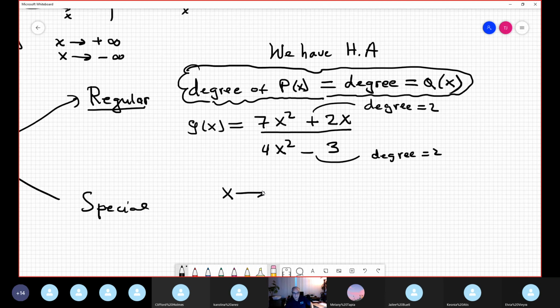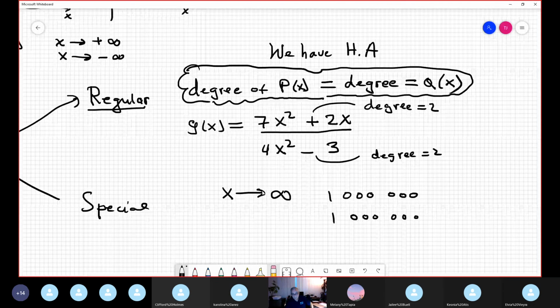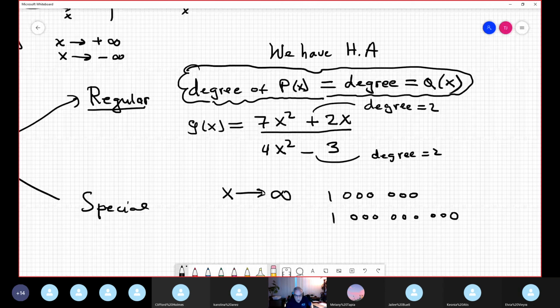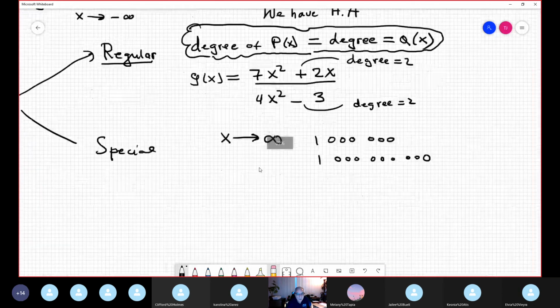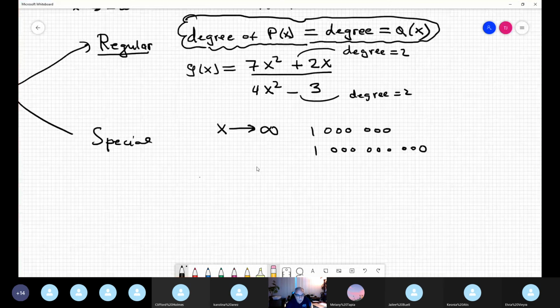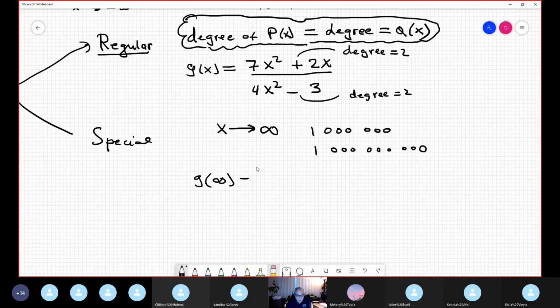I want to explain at what value. The idea is clear, guys. X approaches infinity. You suppose in your mind a huge number, 1 million, 1 trillion. This is infinity positive or negative in both scenarios. Entonces, when you plug in one huge number here, we have 7 times infinity squared plus 2 times infinity over 4 times infinity squared minus 3.